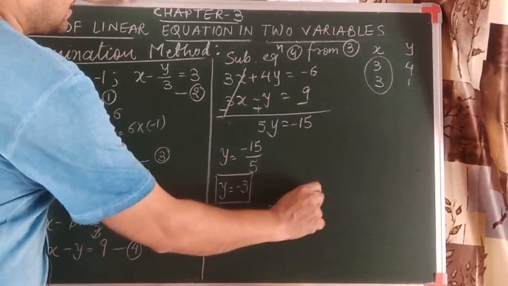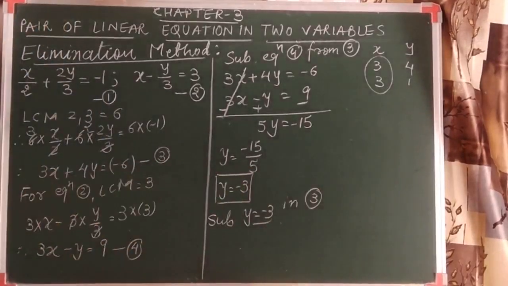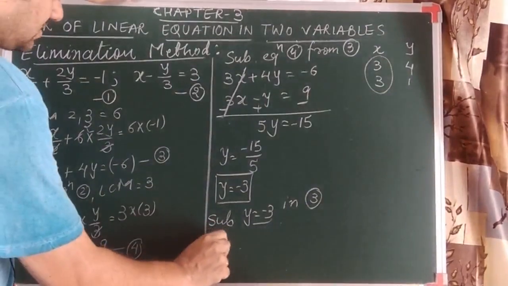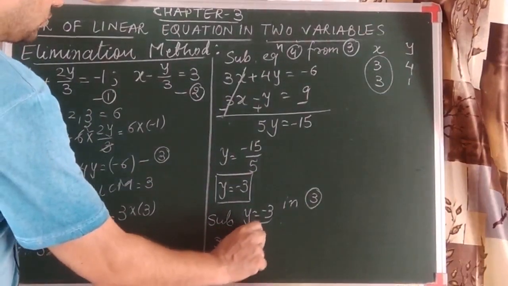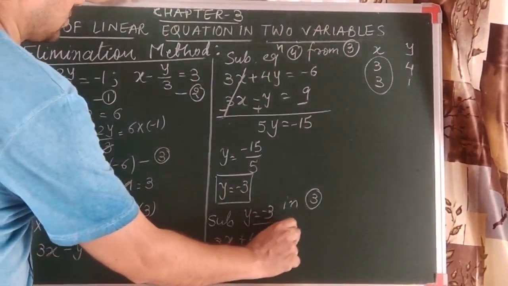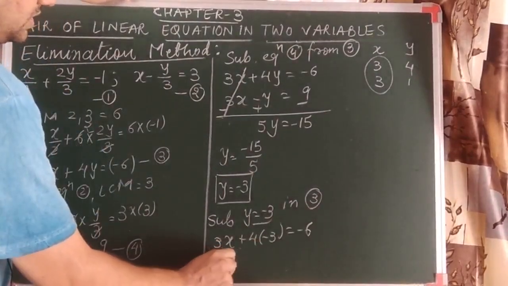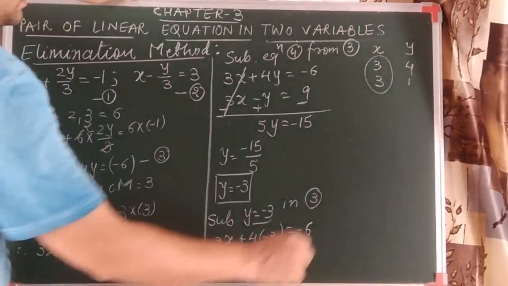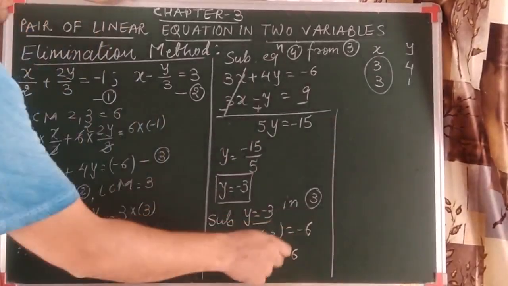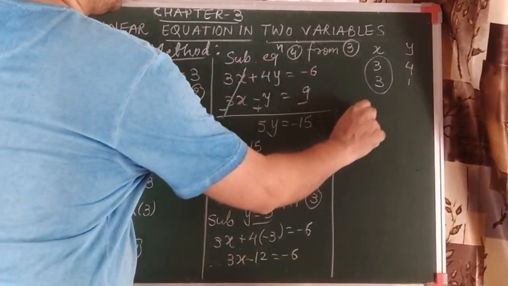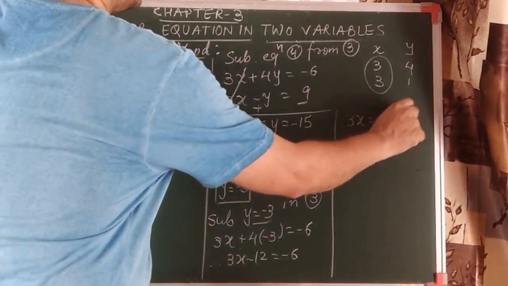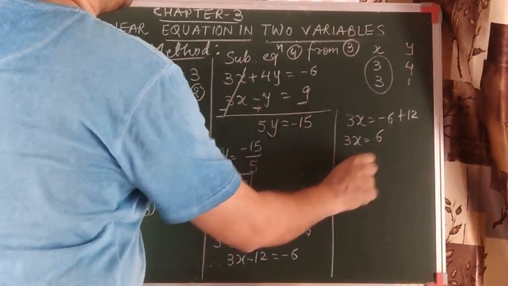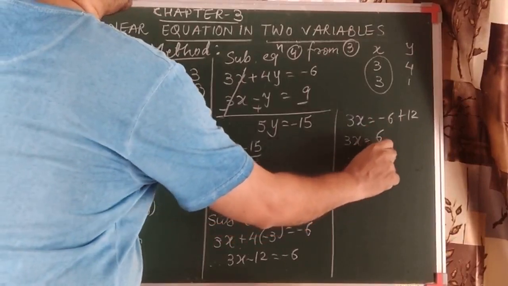We usually put the value in the equation that is positive, so it becomes a bit easier. So it is 3x plus 4 into minus 3 is equals to minus 6. So here it is 3x minus 12 is equals to minus 6. Let us continue. I'll take minus 12 to the right hand side. So 3x is equals to minus 6 plus 12. So 3x is equals to 6. So the value of x is equals to 2.